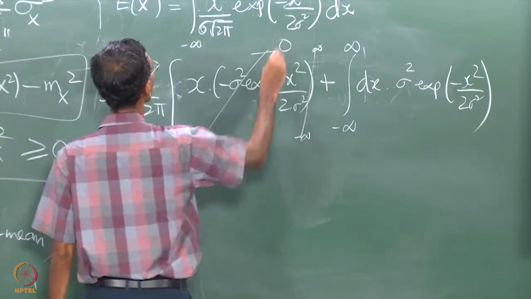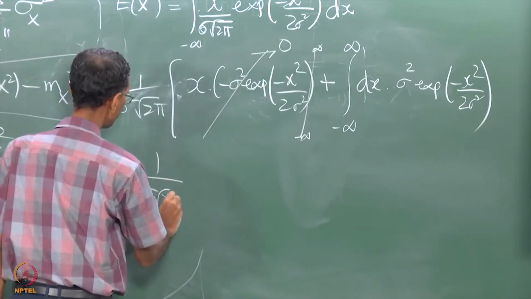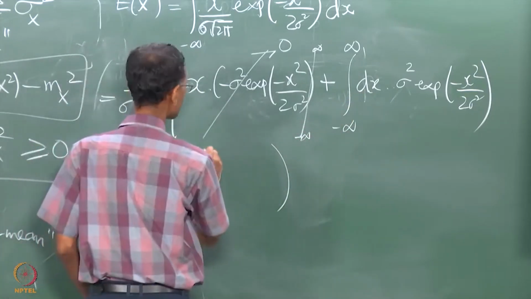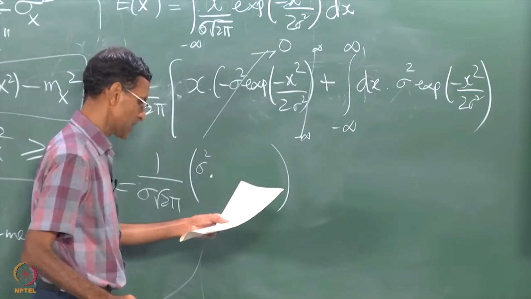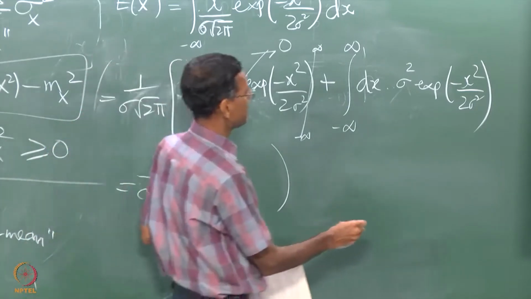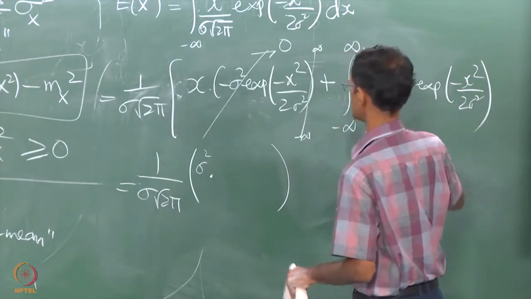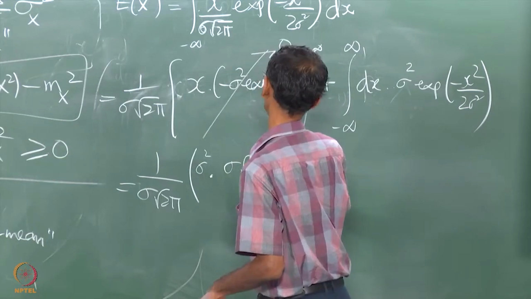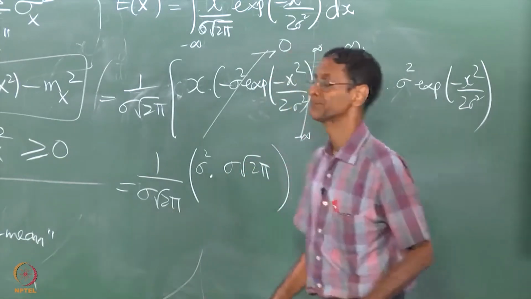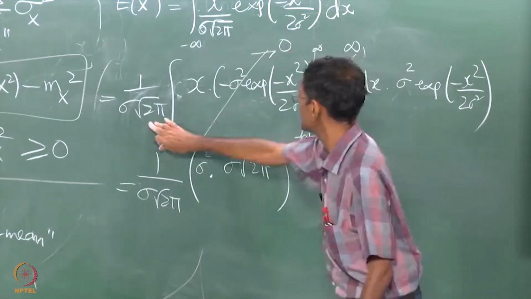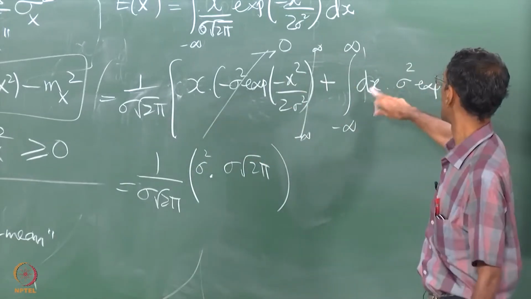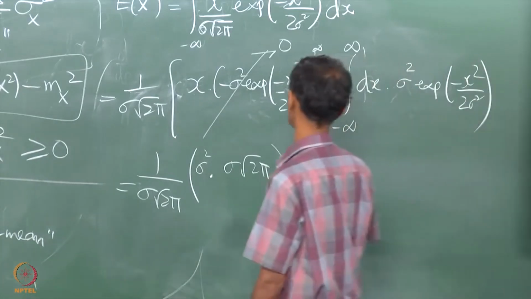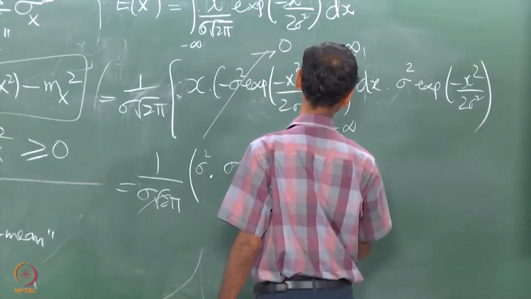This whole thing is 0, so this is 1 by sigma root 2 pi into sigma squared times the rest, which is root 2 pi into sigma, or rather the integral is 1 without the sigma squared. So the answer is sigma squared.